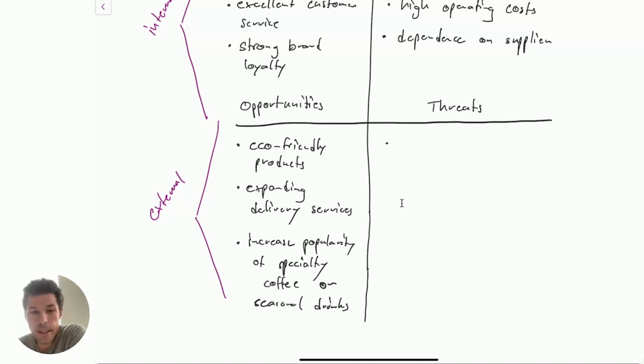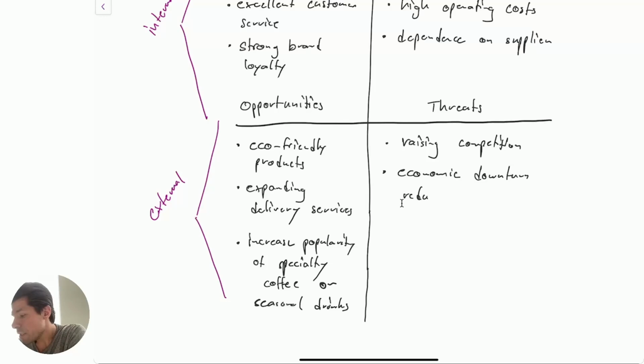On the threat side, if we look again at external factors, maybe rising competition in the area. Maybe other coffee chains and independent cafes have opened up new stores nearby. Maybe there's an economic downturn, reducing discretionary spending.